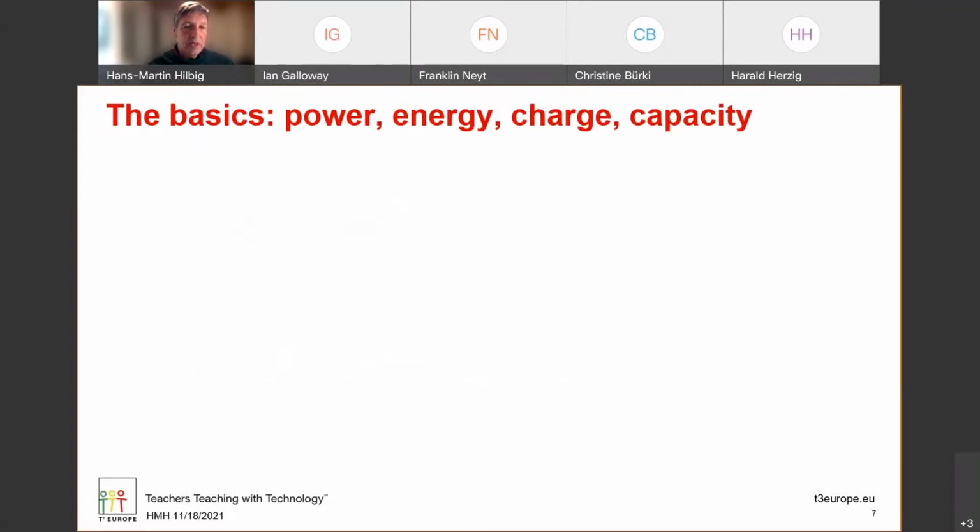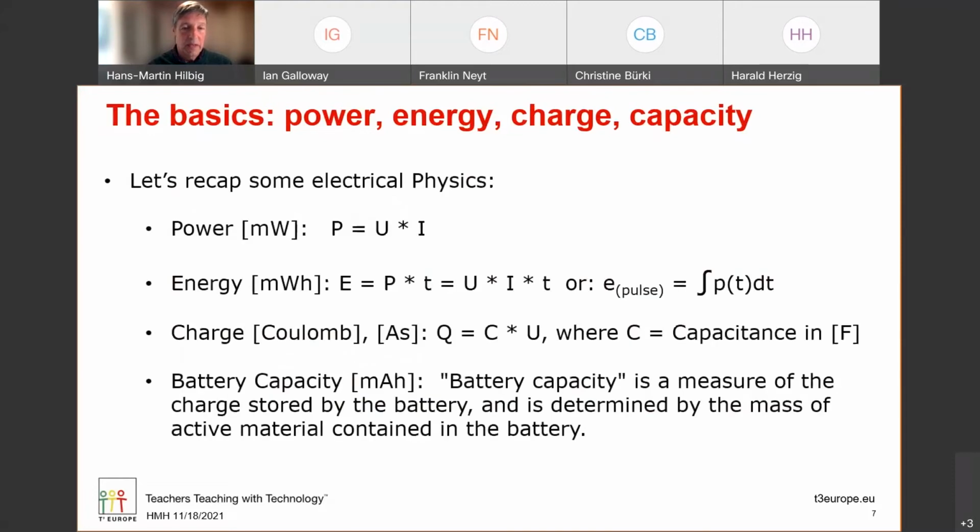Now let's switch gears a little and come to the basics, the basic physics that we have when we talk about battery or energy. One of the things Franklin already mentioned is how power is calculated. It's the product of voltage times current.